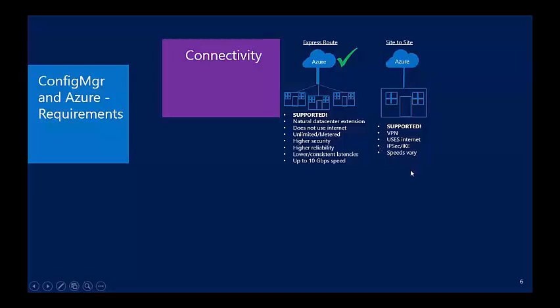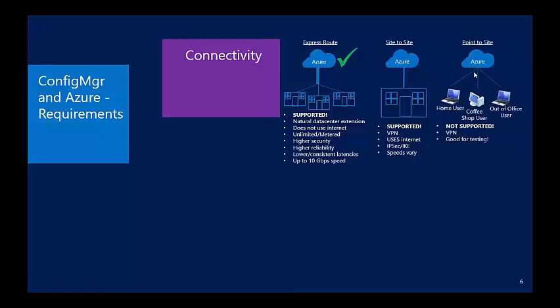Now the third option is not supported by ConfigMgr. It is the option I'm using in my lab that you will see shortly. So don't be confused when you see point to site and what I'm doing, because I don't really have any choice with the networking constraints that I have. It's fine for testing and demo and different things, but it's absolutely not supported for ConfigMgr. It does use VPN.